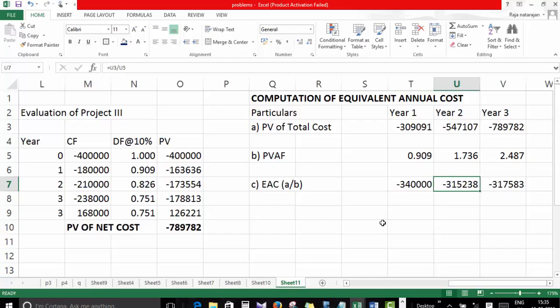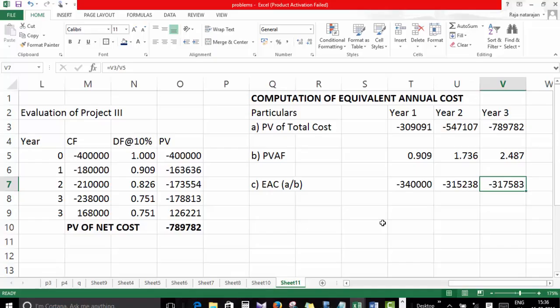Okay, but if you're going to sell it at the end of year two, then it is as good as spending 3,15,238 every year. And if you're going to sell it at the end of third year, then it is as good as spending 3,17,583 every year. So now we have to select the best and keeping our objective of reducing the cost because we are going by equivalent annual cost method. So now we have to take a decision which year replacement should happen. Is it 1, 2, 3?